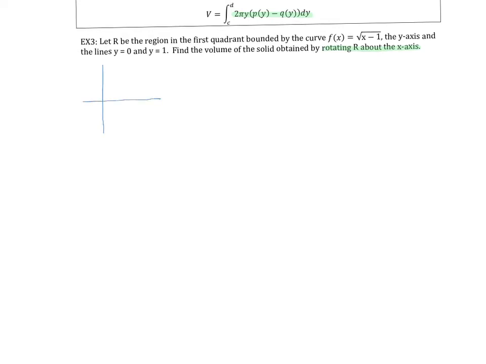f of x is the square root of x minus 1. So that's a square root function shifted over 1. So this would be my f. It's going to be bounded by the y-axis, the lines y equal to 0 and y equal to 1.